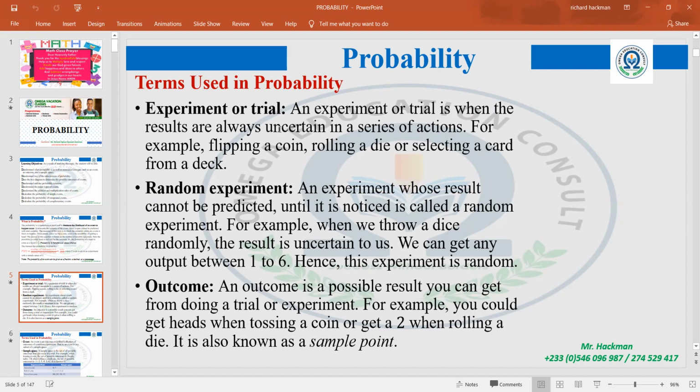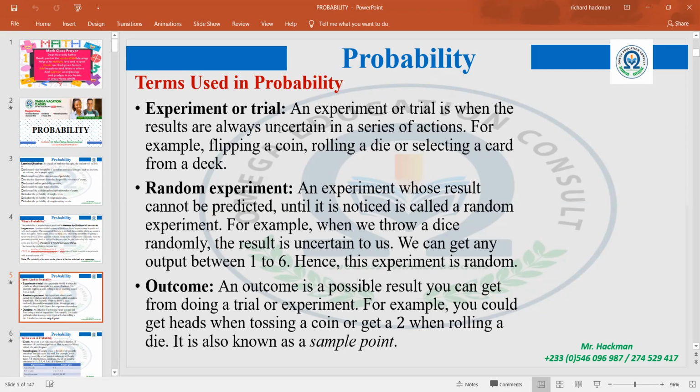So it means I'm easily able to predict. So once I'm able to predict that every student that I will pick from Wesley Girls, Holy Child, will be a girl, then that experiment, that activity, can never be regarded as a random experiment. Is that clear? So you shouldn't be able to predict.